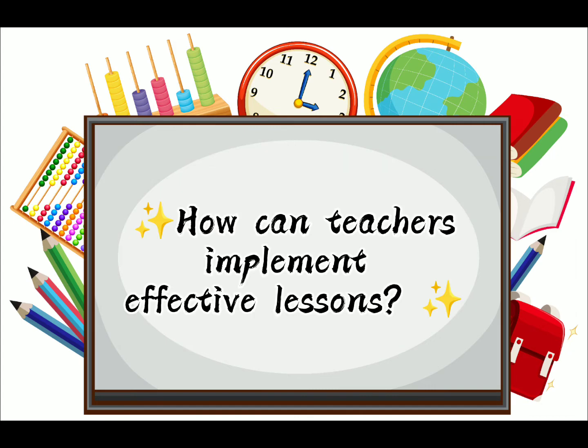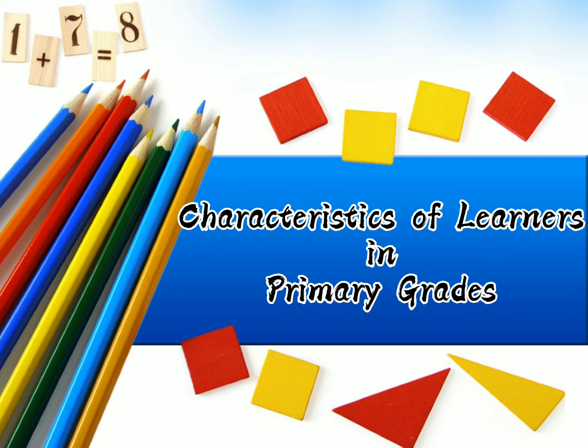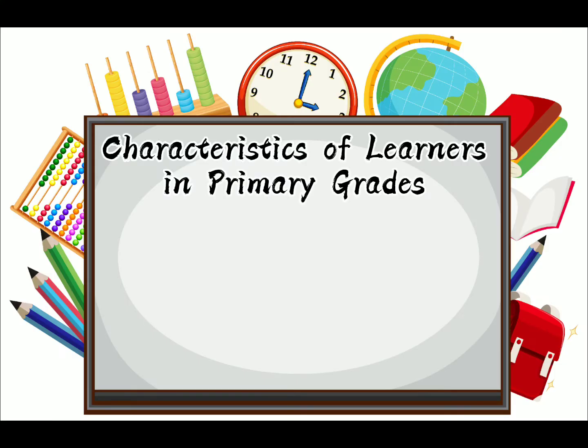So how can a teacher implement effective lessons? For teachers to develop and implement effective lessons, they should know their learners. So here are the characteristics of learners that a teacher can expect when teaching a primary grade class. First is the physical characteristics.